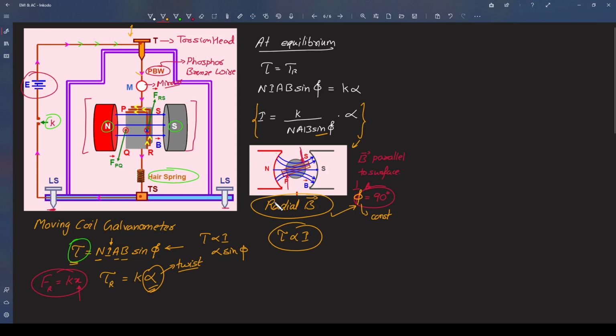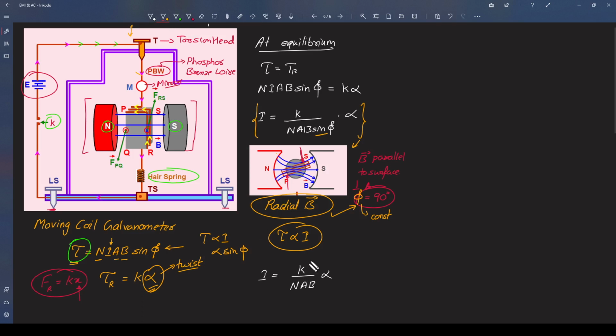Okay, so the angle between the plane of the coil and the magnetic field is 0. That means phi is 90 degrees, and that's why sine phi is sine 90, which is equal to 1. And now this expression for I will be K divided by NAB, sine phi is gone, that is 1, into alpha.